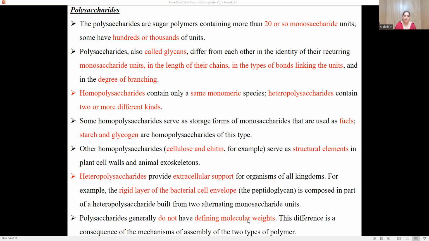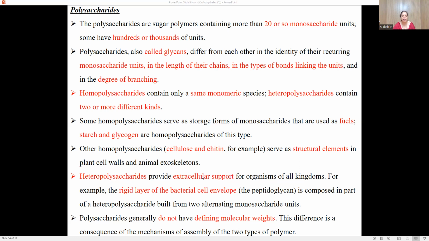Whereas if we perform the same iodine test with glucose, or with monosaccharide or disaccharide, you will not get the blue color. So if blue color is present, the test confirms that polysaccharide is present in the given sample, whether it is homopolysaccharide or heteropolysaccharide.